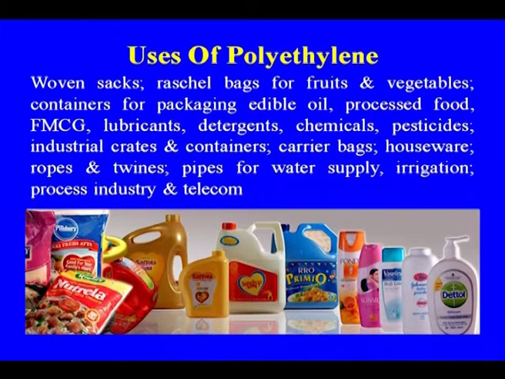So all those things are for containers for packaging edible oil, processed food, lubricants, detergent, chemicals, pesticides, industrial crates and containers, carrier bags, housewares, ropes and fins, and pipes for water supply. Everywhere they are using it in some form, although PVC is more used so far as piping is concerned. I was telling about PVC, more PVC pipes in irrigation and the household.